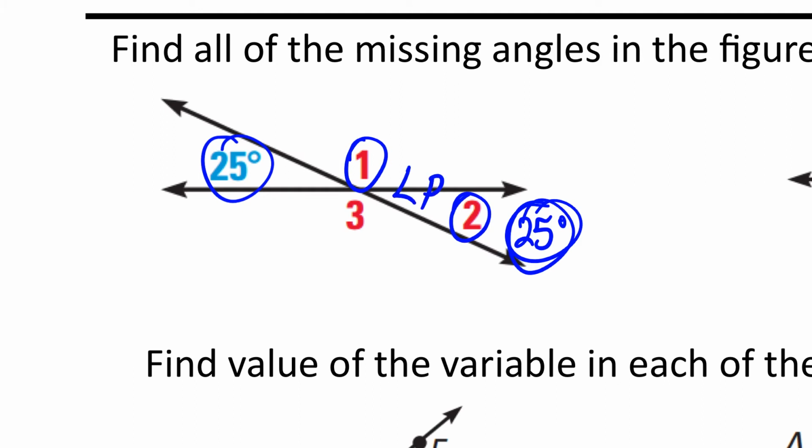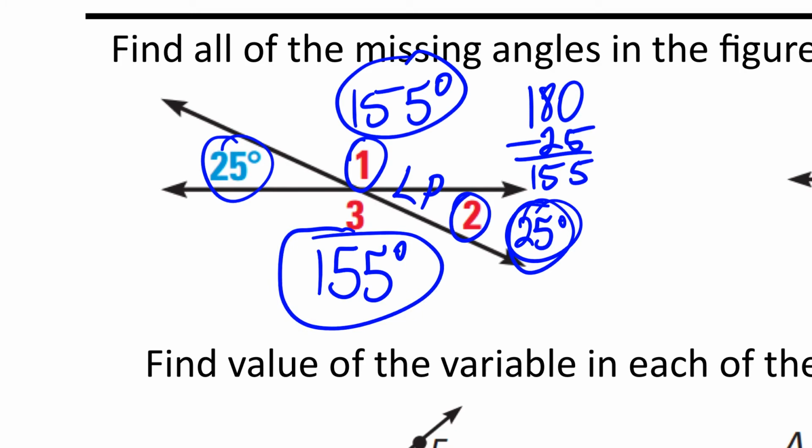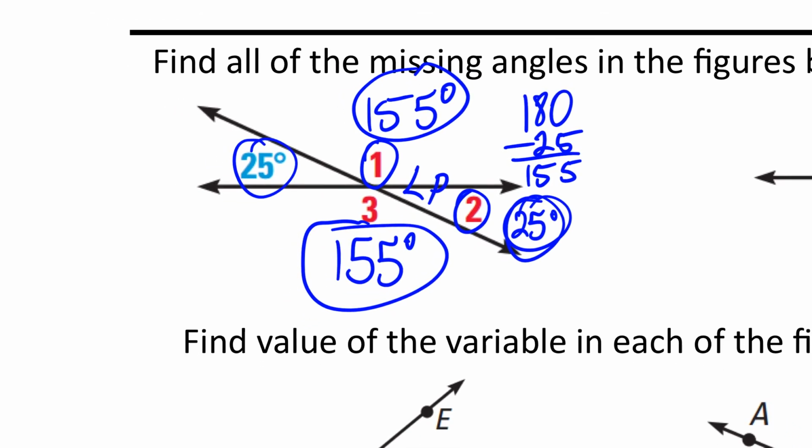They're a linear pair. And so, yeah, they're supplementary. They add up to 180. So we're going to do 180 minus 25. 155. So how big is angle 3? How do you know it's 155? Because it's vertical to angle 1.